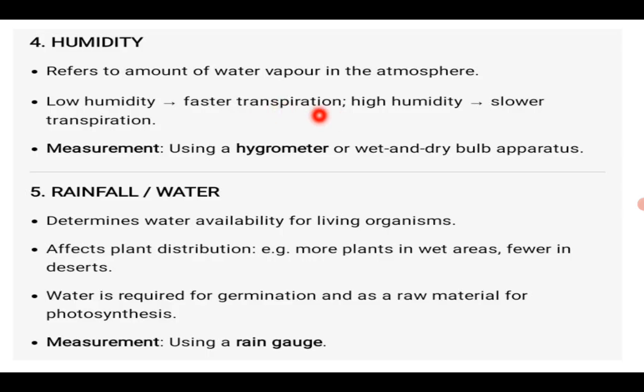There's faster transpiration, and when there's more water in the atmosphere, there is slower transpiration. That's how humidity affects the ecosystem. It pertains to the loss of water. Low humidity leads to faster transpiration, while high humidity leads to slower transpiration.